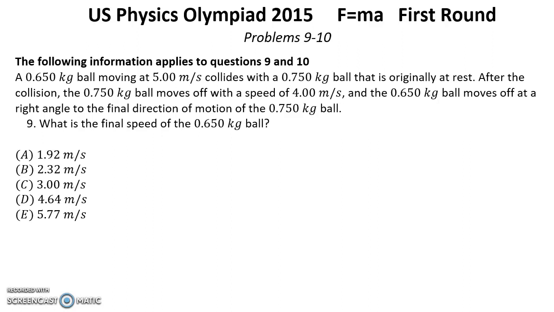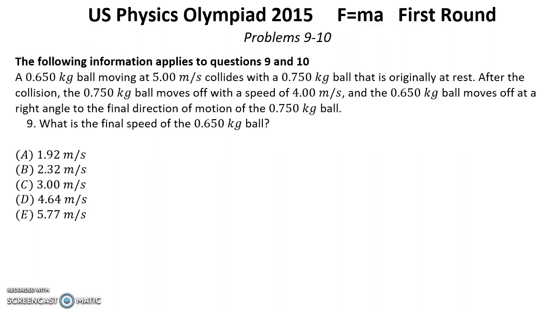After the collision, the 0.75 kilogram ball moves off with a speed of 4 meters per second, and the 0.65 kilogram ball moves off at a right angle to the final direction of motion of the 0.75 kilogram ball. Question 9. What is the final speed of the 0.65 kilogram ball?